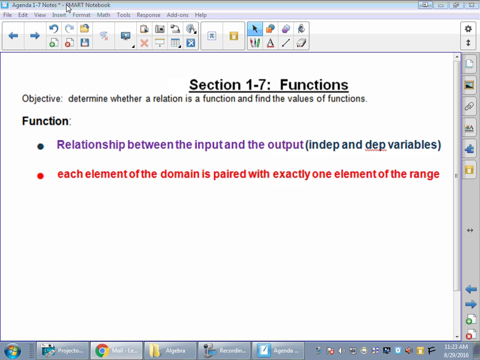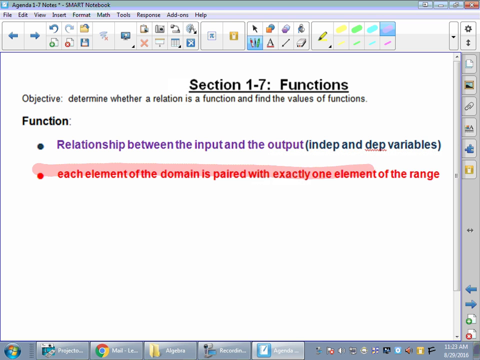Here's the most important rule about a function. I feel like this is highlighting worthy. The most important thing about a function is that each element of the domain is paired with exactly one, not more than one, exactly one element of the range.